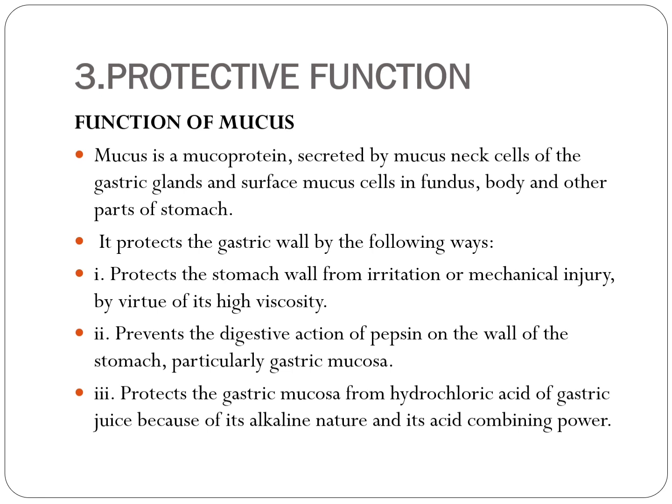Then it prevents the digestive action of pepsin on the wall of the stomach, particularly gastric mucosa. Then it protects gastric mucosa from hydrochloric acid of gastric juice because of its alkaline nature and its acid-neutralizing power.